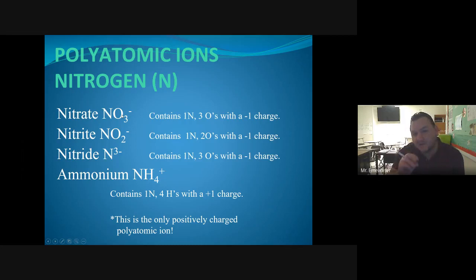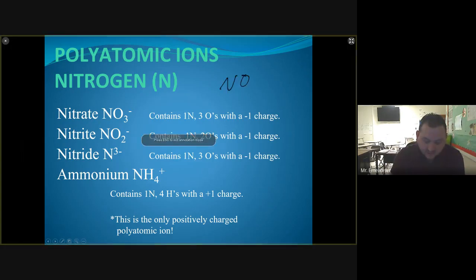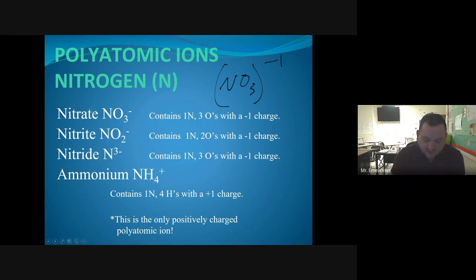It's kind of down, and it's kind of small. So that is the number of oxygens. That 3 belongs to that O. So it says 3 oxygens. And then the minus up here tells us that the whole thing is a -1 charge. So what that means is it's NO3, and the whole thing is a -1 charge. That's what that means. So you've got to be able to interpret these correctly.